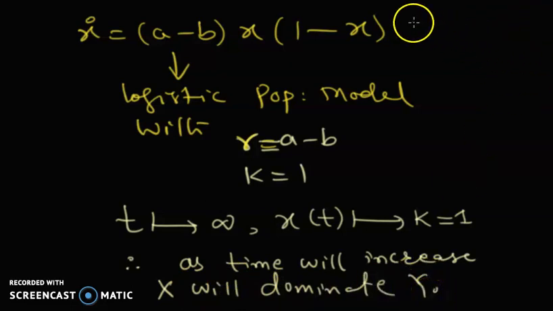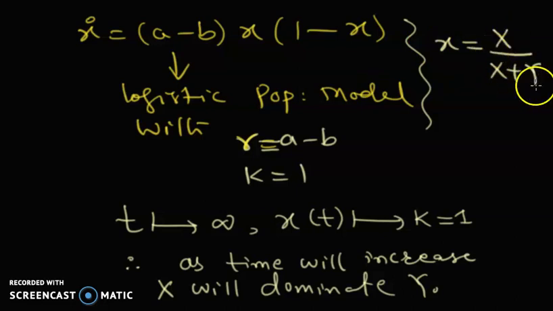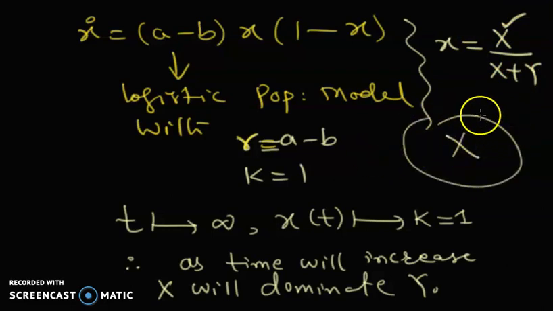In other words, for the whole process that we have done for this kind of scenario where there are two species, where one is reproducing exponentially faster than the other one, then at the end of the day, the one that is reproducing faster will dominate the other one. So at the end of the day, the atmosphere will only contain x, not y.